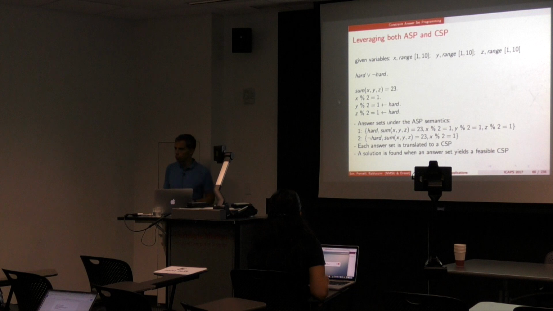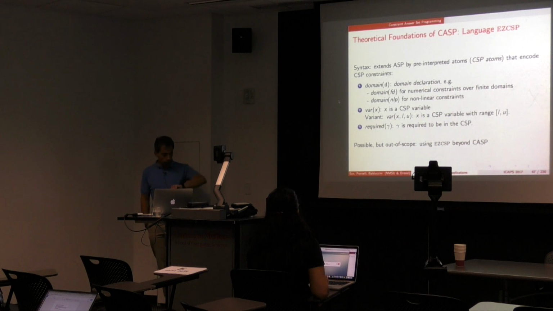We can find solutions to those CSPs, and a solution to the whole thing is given once we find one solution, so one complete assignment of one of these two constraint satisfaction problems. And if we want to enumerate all of the solutions, then we're going to find all of the solutions to each of these two constraint satisfaction problems, and those are going to give us the solutions, both the answer set and the numerical part.